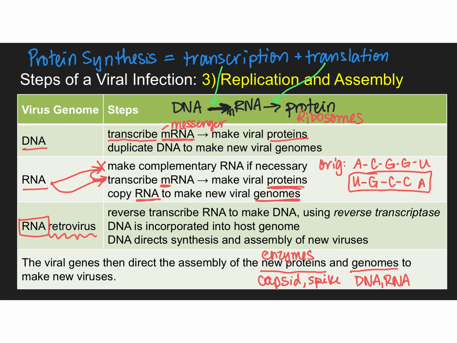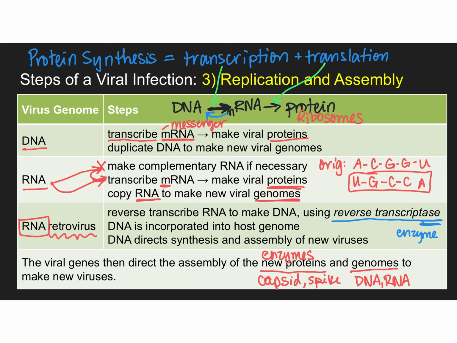But in this case, these retroviruses can actually go in the opposite direction. So they use a special enzyme called reverse transcriptase. And remember that enzymes often end in this -ase suffix. So that's one clue that this is an enzyme.